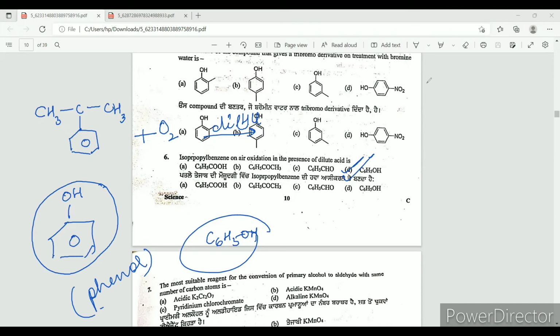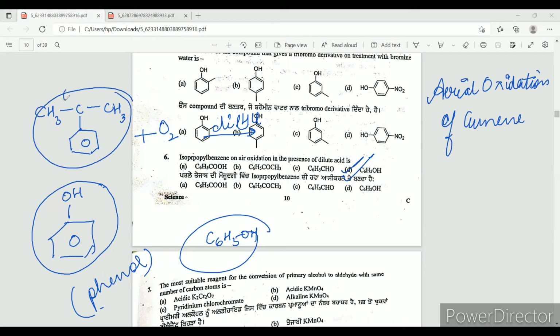This reaction is there in the preparation of phenols. This reaction is known as aerial oxidation of cumene. This structure is known as cumene. Okay, so the correct answer is option number D.